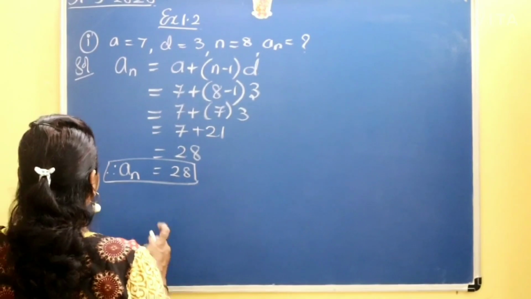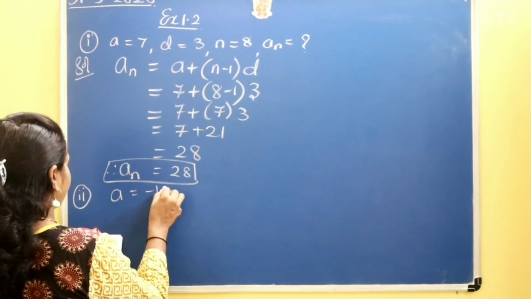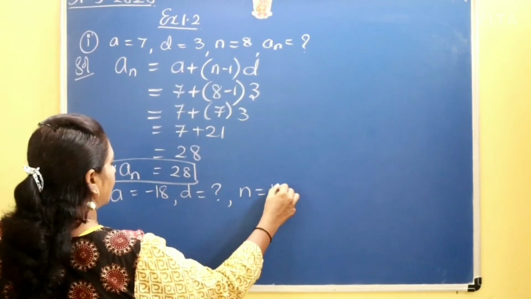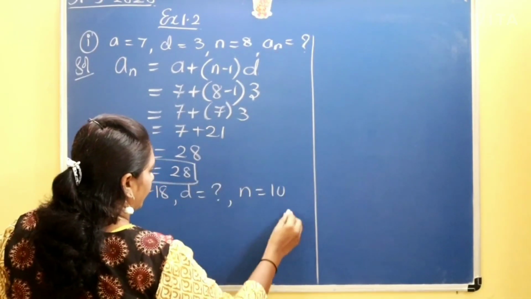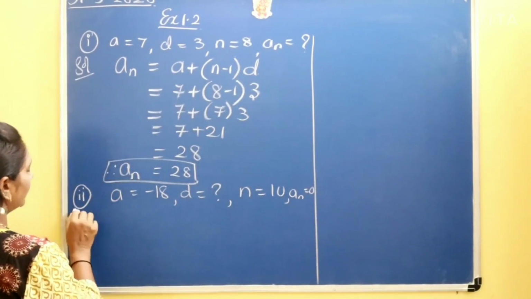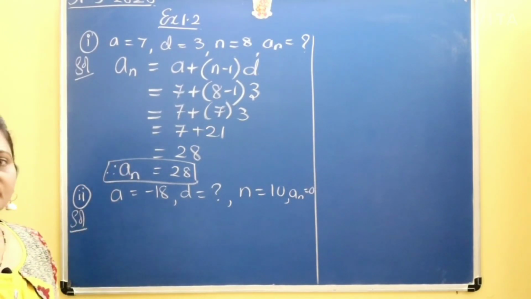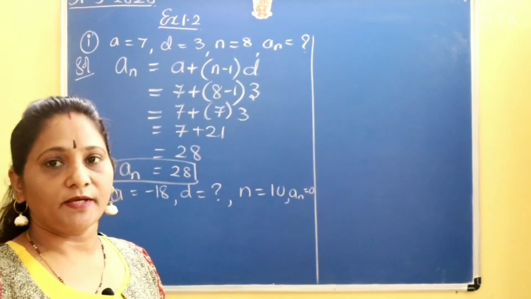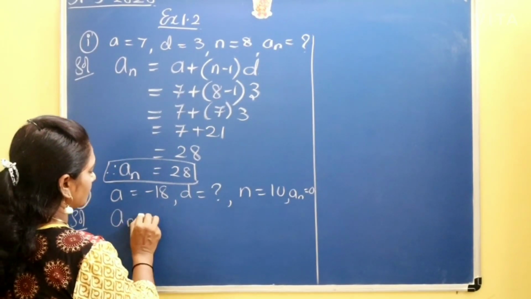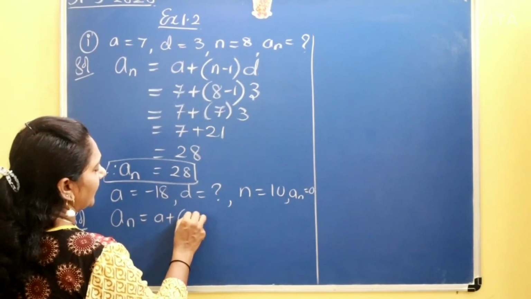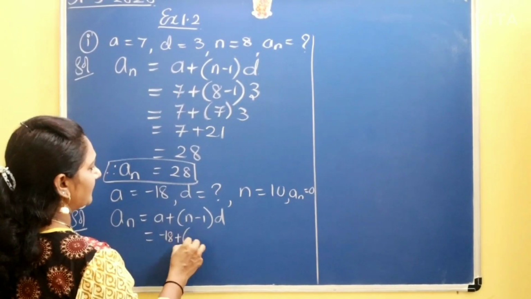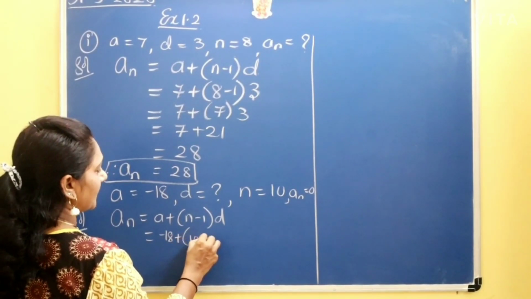The second question. A is given as minus 18, D is question mark, N is 10 and given AN is equal to 0. Come to the solution. The same formula, AN is equal to A plus N minus 1 into D. So, it is minus 18 plus 10 minus 1.